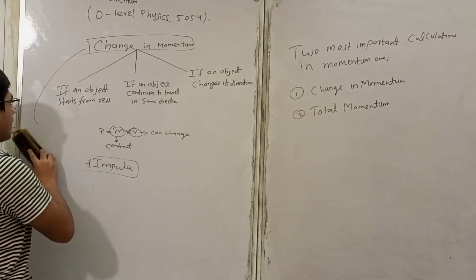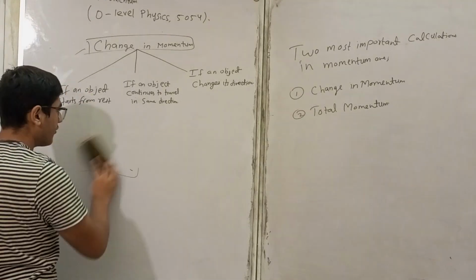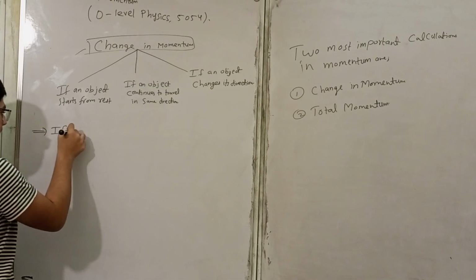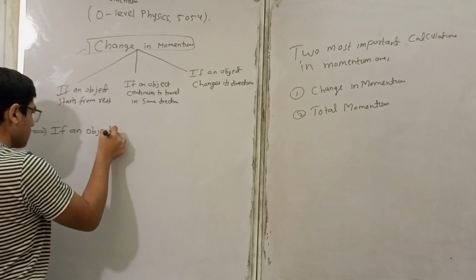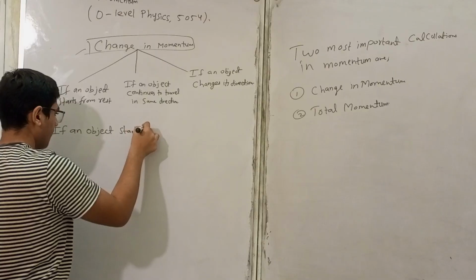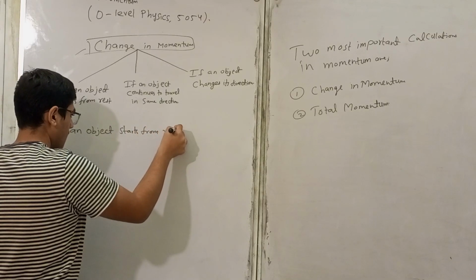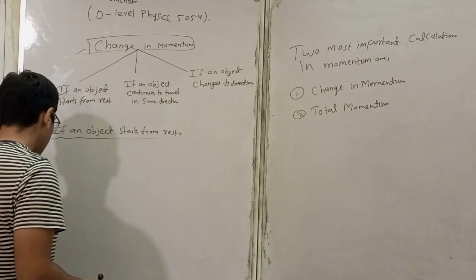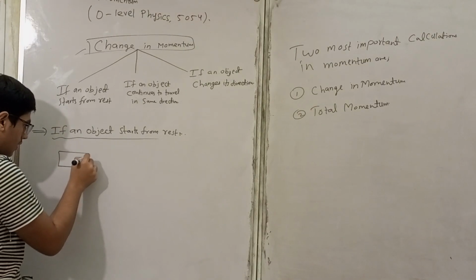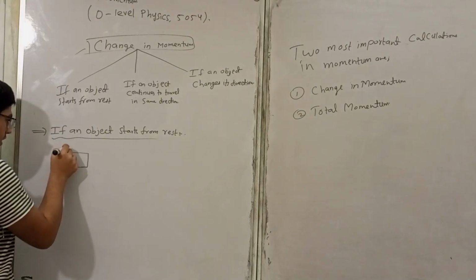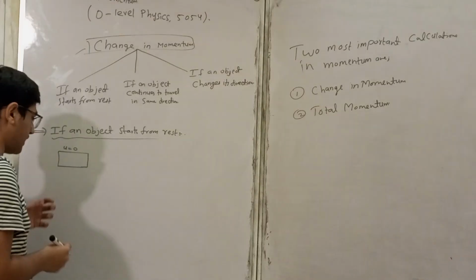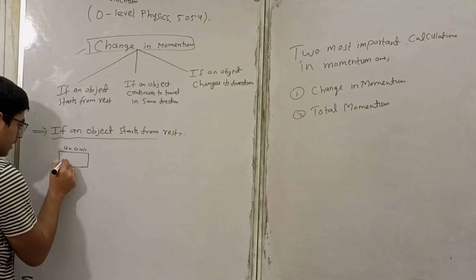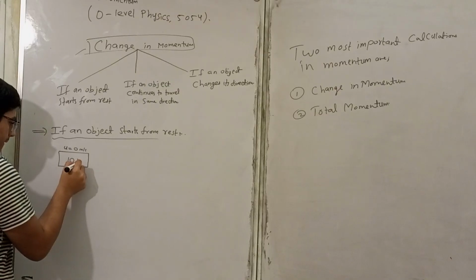Okay, let's discuss scenario number one. If an object starts from rest, so let's say there is a car which is initially at rest, or stationary, its initial velocity u is 0 meter per second, and its mass is 10 kg.